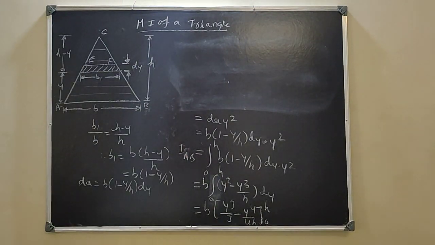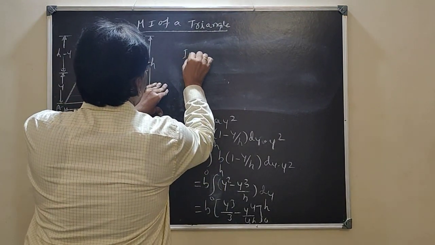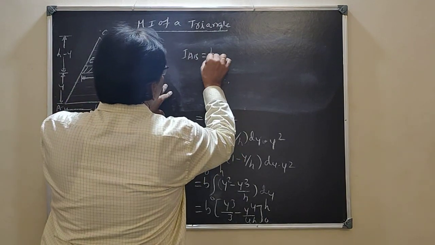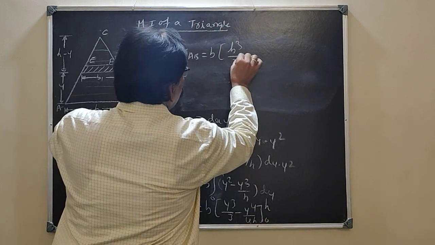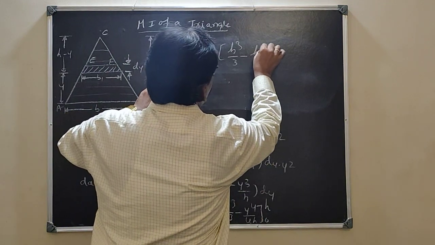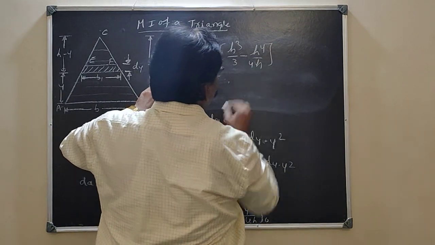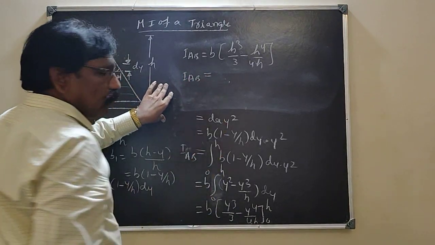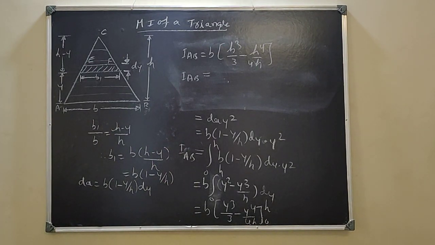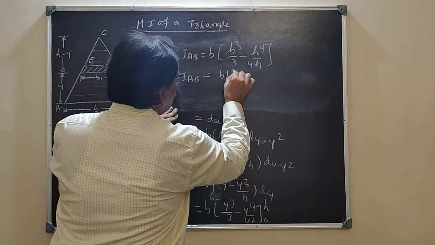Now substituting the upper and lower limits for this integration, IAB is equal to B into h cube divided by 3 minus h4 divided by 4h, and on simplification you will get IAB is equal to BH cube by 12.